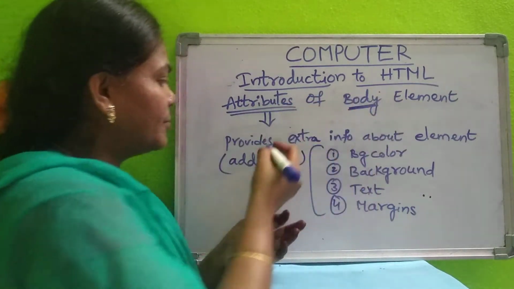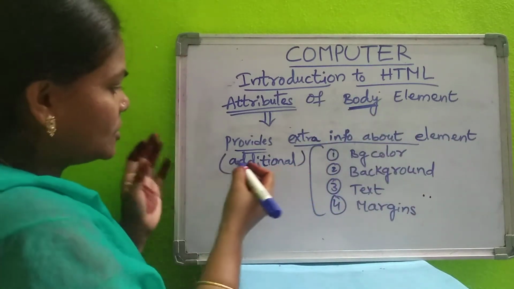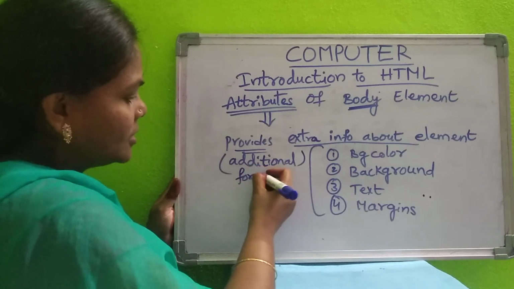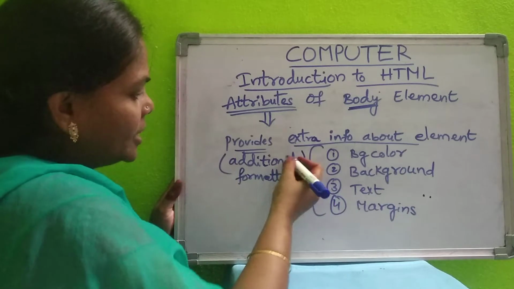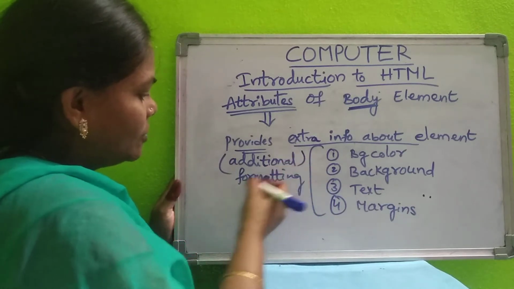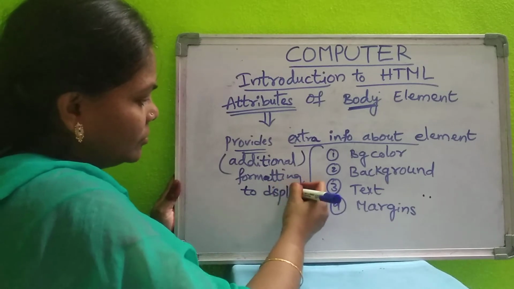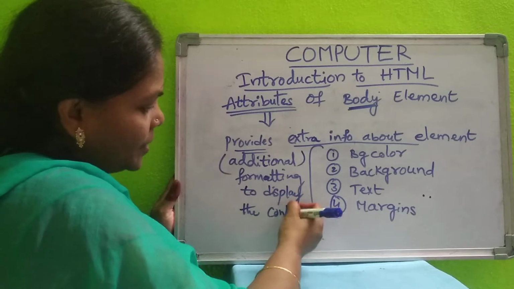So what is an attribute? It provides extra information about the element, or additional changes, modifications, or formatting, to display the content in the body element.